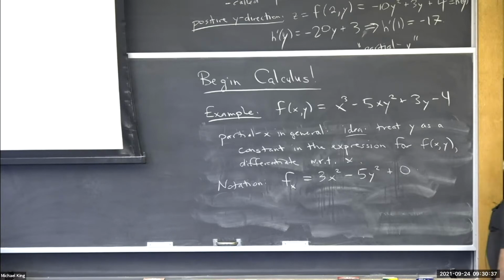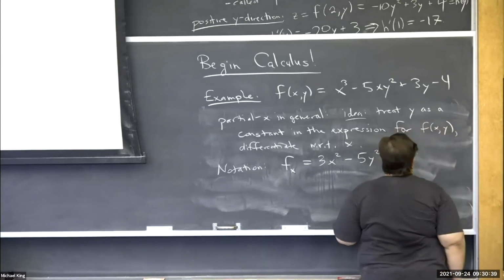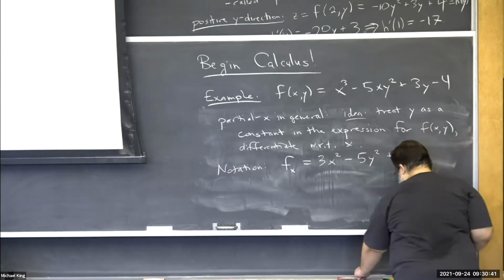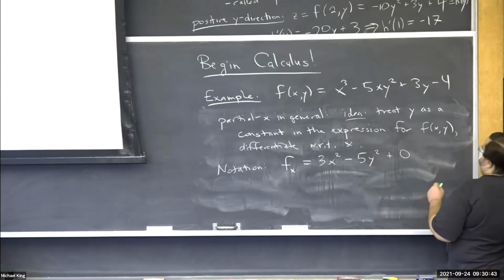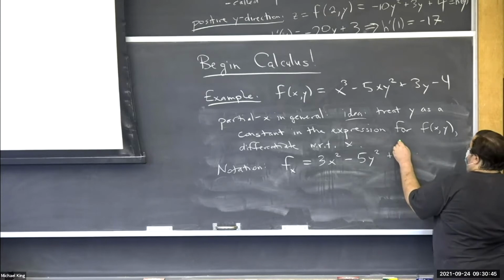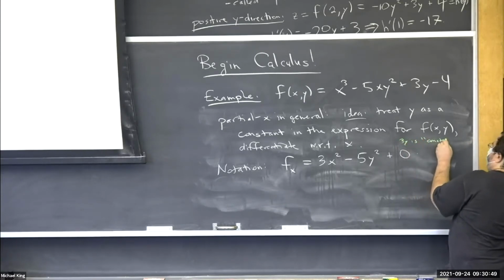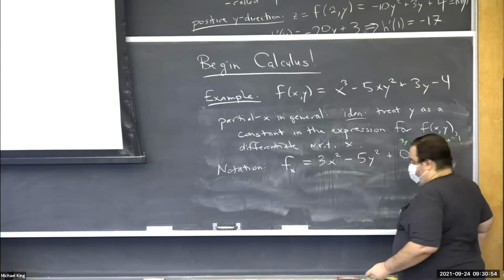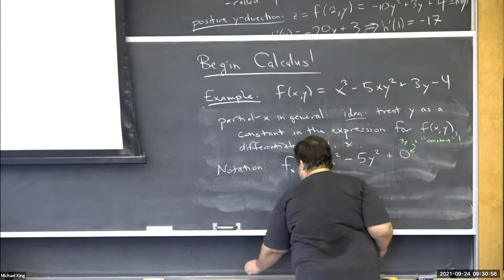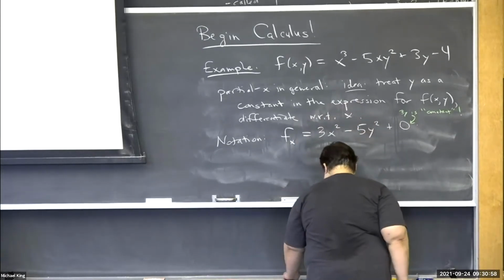So now, we're just treating y as a constant. So 3y is quote unquote constant. That's why it becomes 0. And so that's the general partial x.